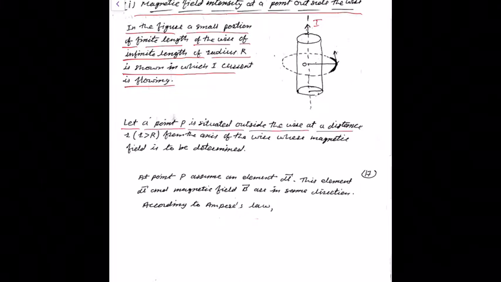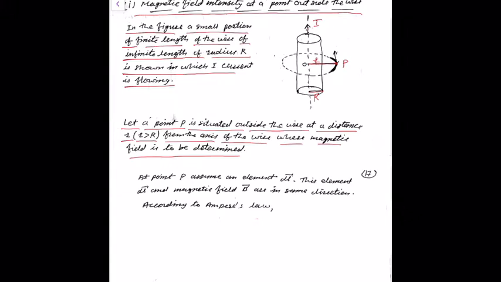Let a point P be situated outside the wire at a distance r. Here radius of the wire is capital R. So small r is greater than capital R, from the axis of the wire where the magnetic field is to be determined.